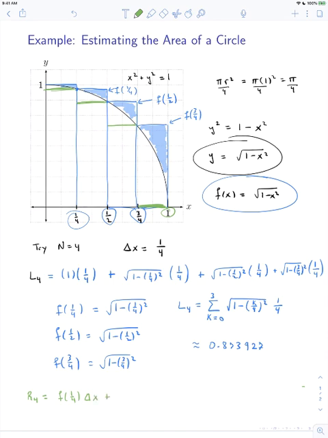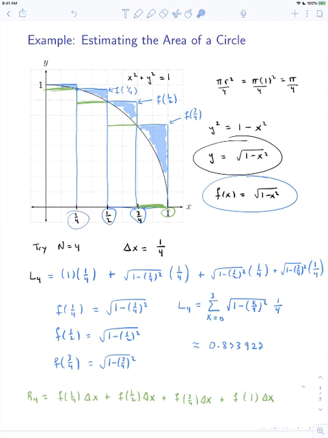The next one is f at 1/2 times delta x, plus f at 3/4 times delta x, plus f at 1 delta x. So notice that all of these numbers are the right endpoints, because I'm doing R sub n, where n is equal to 4.